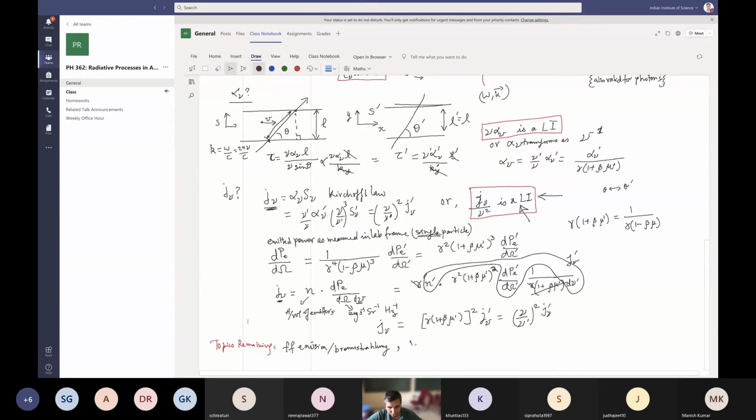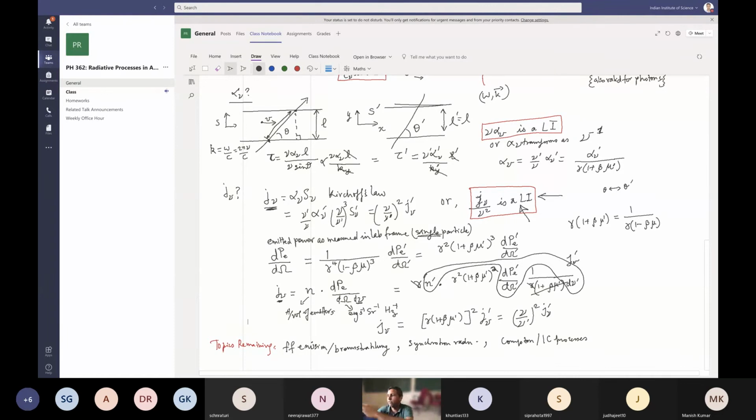Then we'll do synchrotron radiation, which is chapter 6 in the book. After this, we'll do Compton scattering, Compton and inverse Compton processes, which is chapter 7.